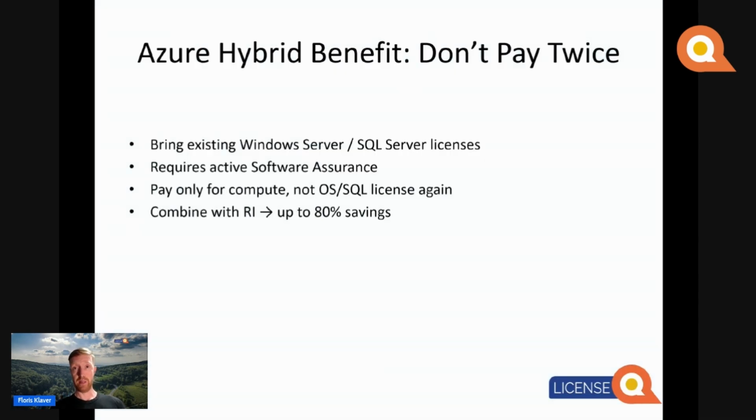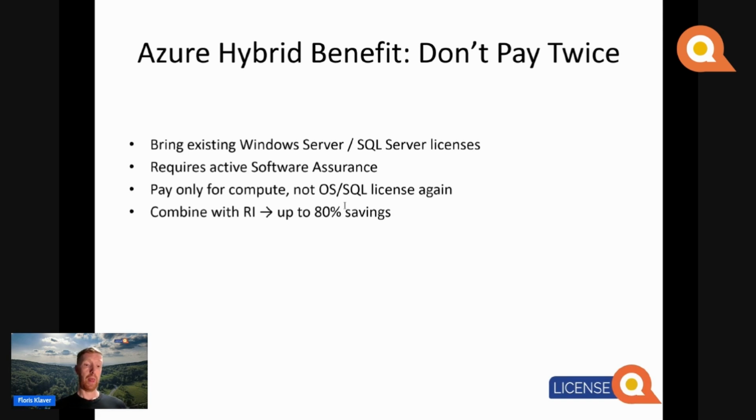So Azure Hybrid Benefit, or as I like to call it, don't pay twice. It's a powerful cost-saving program from Microsoft to not cannibalize on their own investments, or your investments really, on Windows Server and SQL Server. So if you already own Windows Server or SQL Server licenses with Software Assurance, you could bring those licenses to Azure.